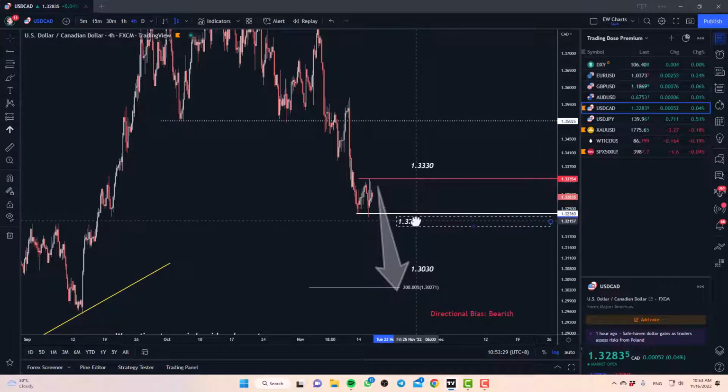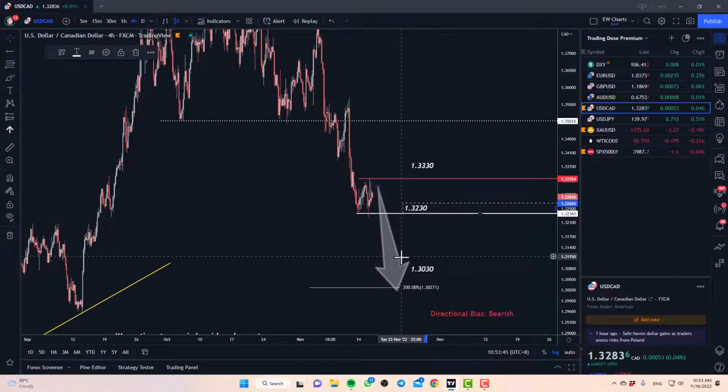Okay, so one way to look at it is you can put in a breakout entry maybe closer towards the release of the news, and the expectation over here is that when the news releases, we're going to see the CAD strengthening, and then of course dollar CAD will drop impulsively, right? That's the whole idea of this breakout trade.